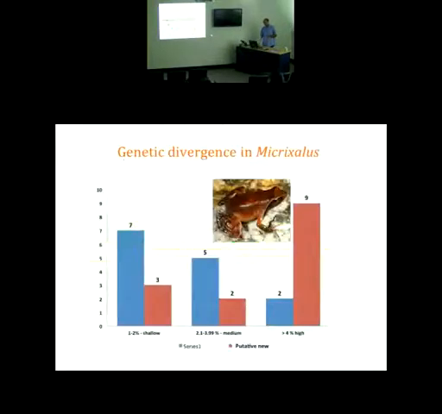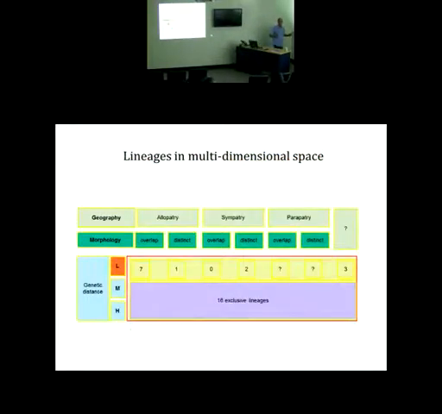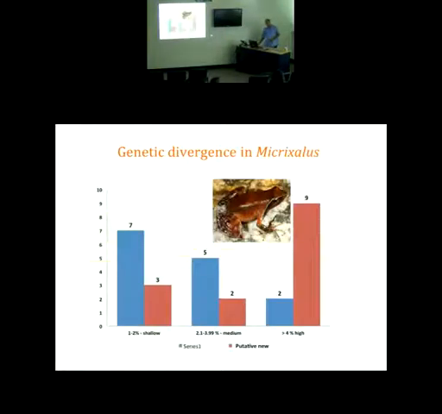So there's no direct relationship between geographical overlap or lack thereof, morphological divergence or lack thereof, or genetic distance between these lineages. We looked at this across a bunch of other taxa.